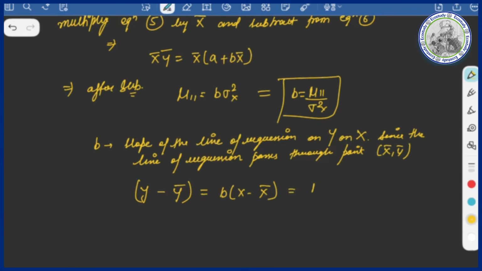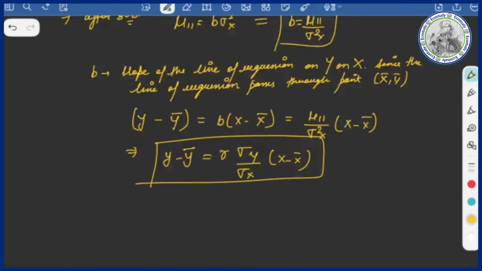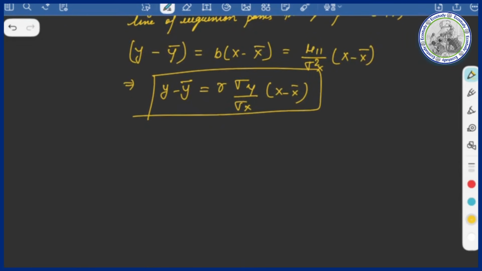What will we write? We will write mu 11 by sigma squared x into x minus x bar. So the final equation will be y minus y bar is equal to r sigma y by sigma x into x minus x bar. I know you will ask how it comes. See, this is covariance of xy by sigma squared x.